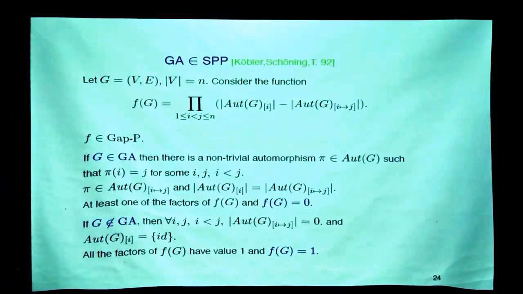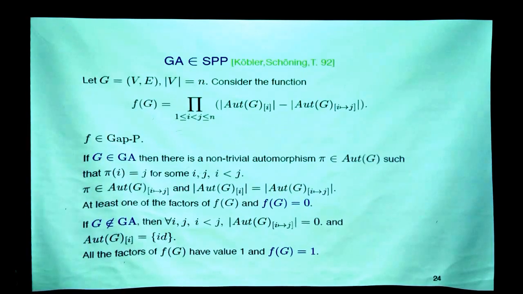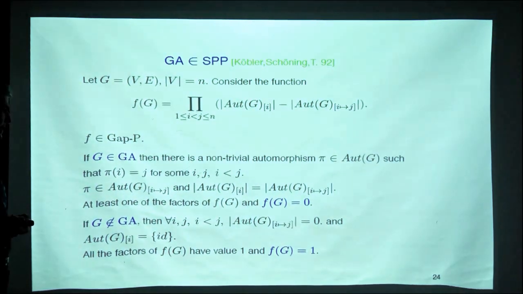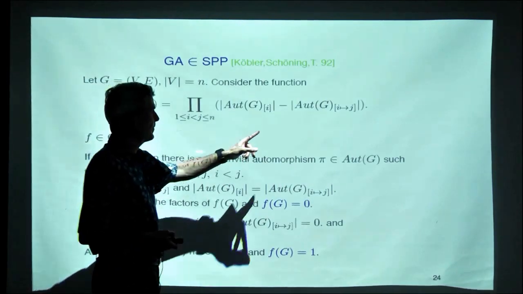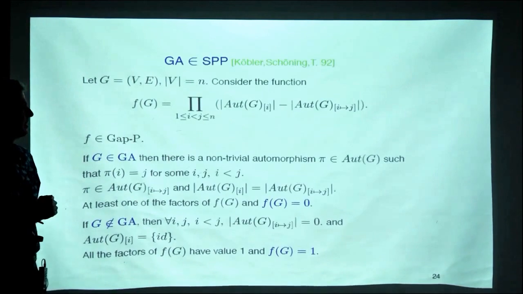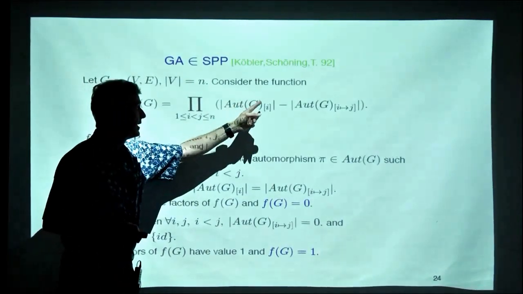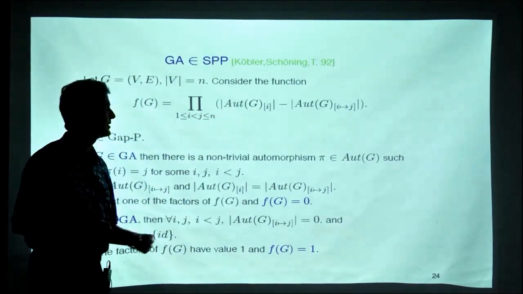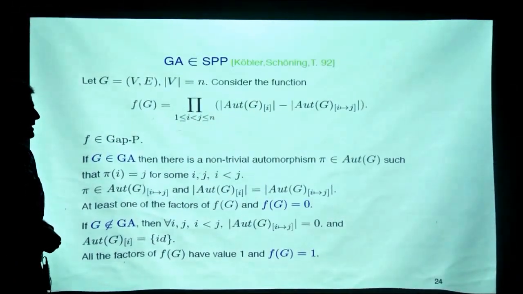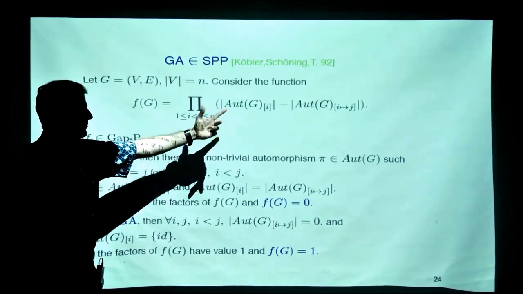On the other hand, if there is no non-trivial automorphism, then this second part, for every j different than i, is always zero. And so we're left with a product of these first parts, but by hypothesis, there's only one automorphism, only the identity.